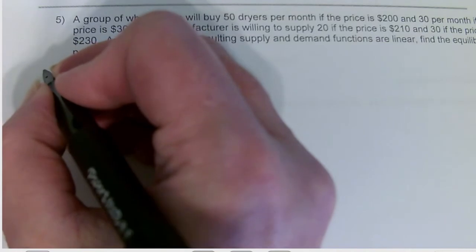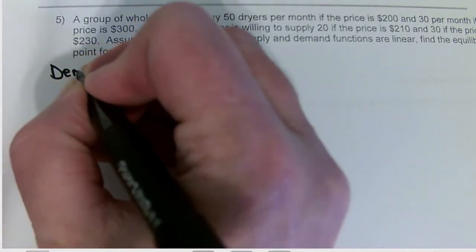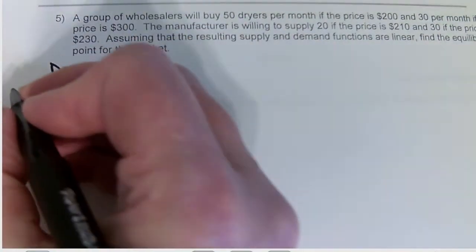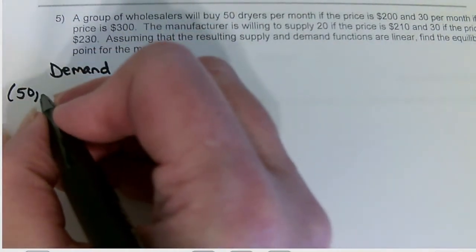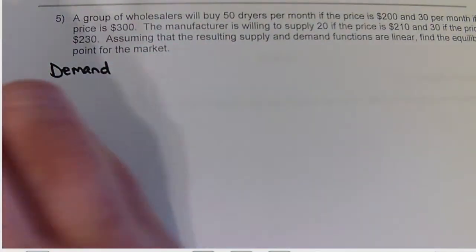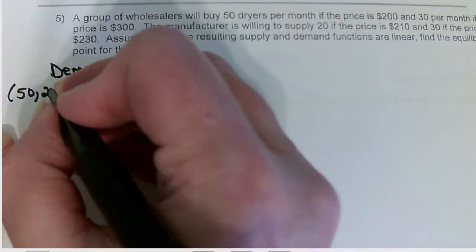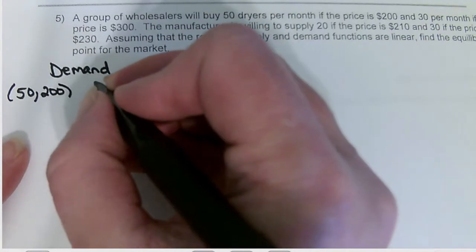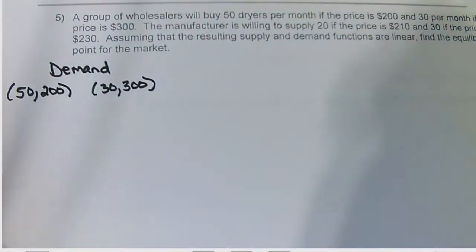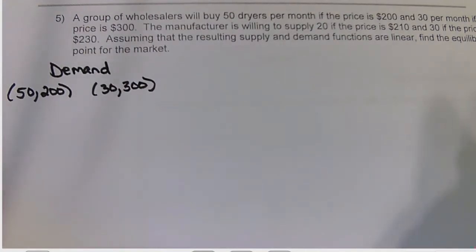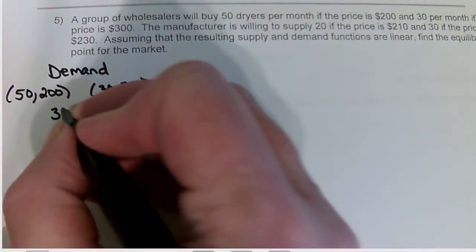So for demand, I've got 2 points. I've got 50 gives me 200 and 30 gives me 300. So I would need to find the slope between those 2 points.